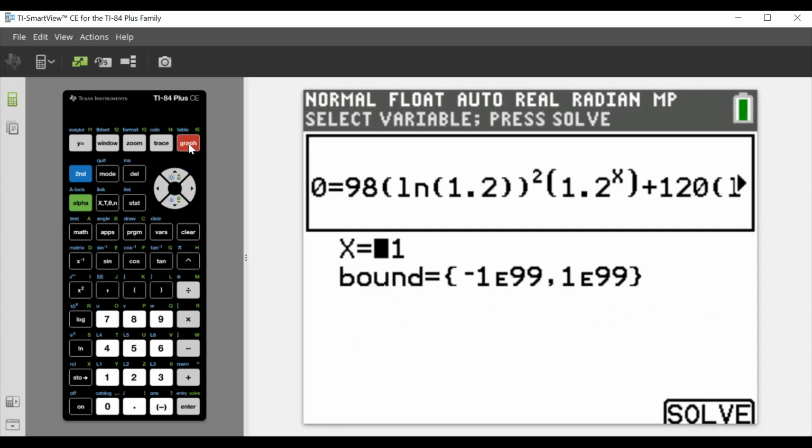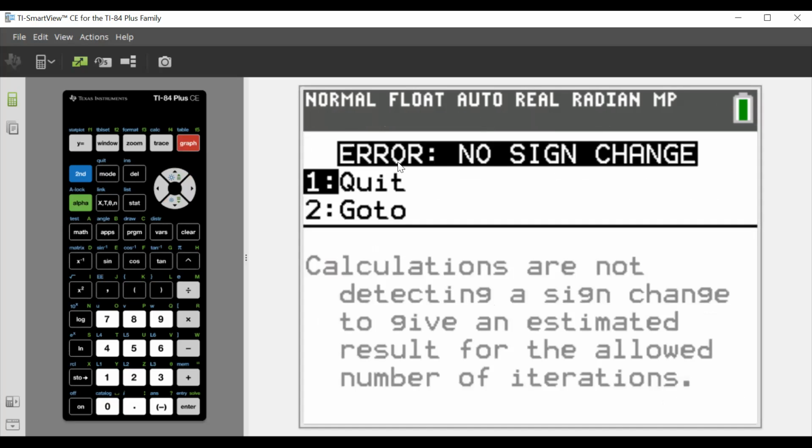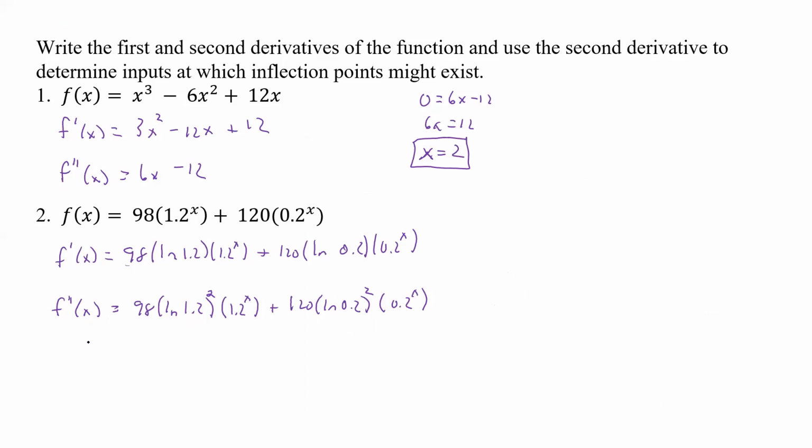Now we can do this. And so let's type it in here. Aha, no sign change. Okay, so this is one where it's going to say, hey, there's no inflection points. And so that's what you'll see: if there's no sign change on your second derivative, then we say no inflection point exists.